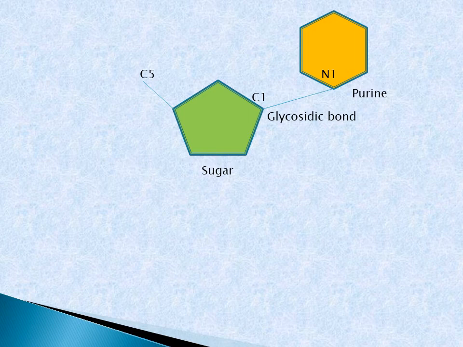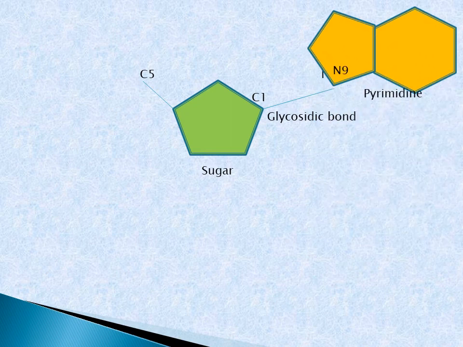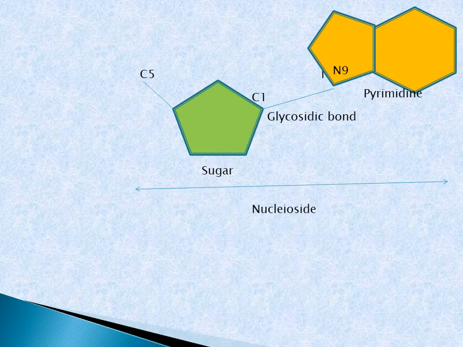This bond is called the glycosidic bond. If purine is present, then N9 of purine forms a bond with C1, and the bond is also a glycosidic bond. This structure is called nucleoside.